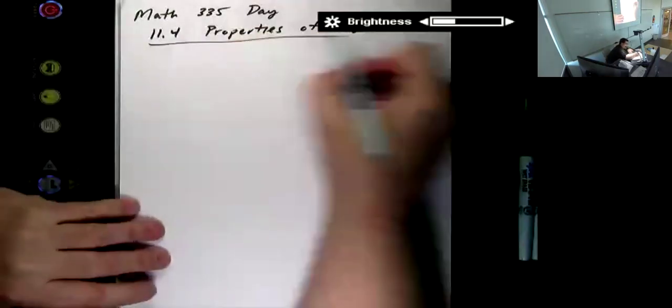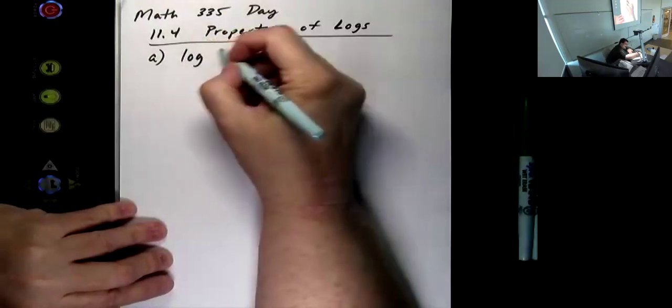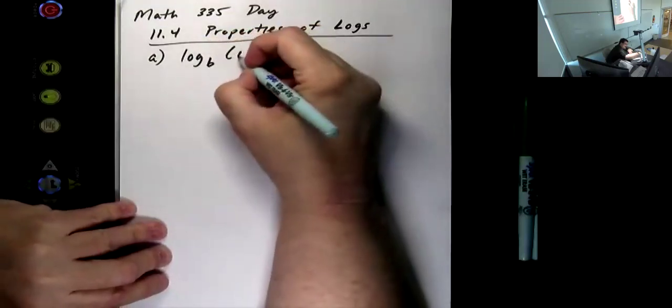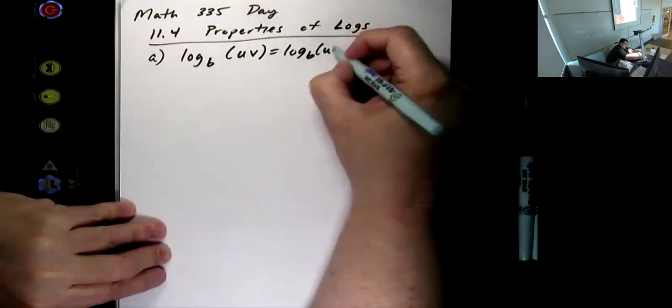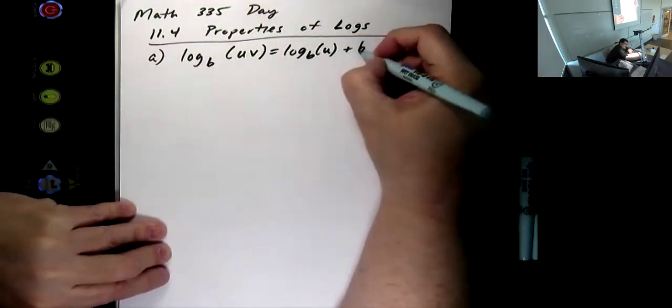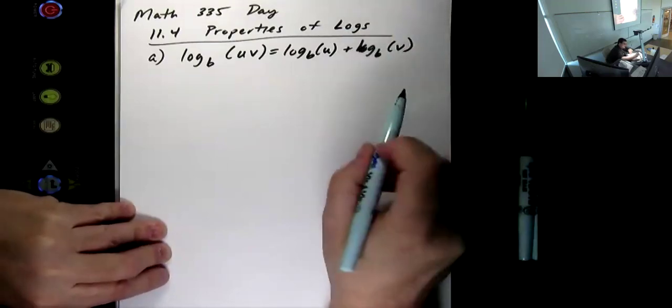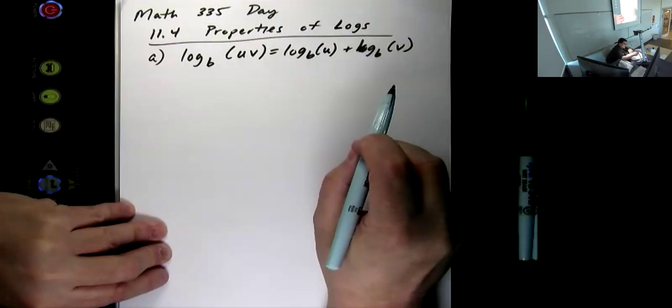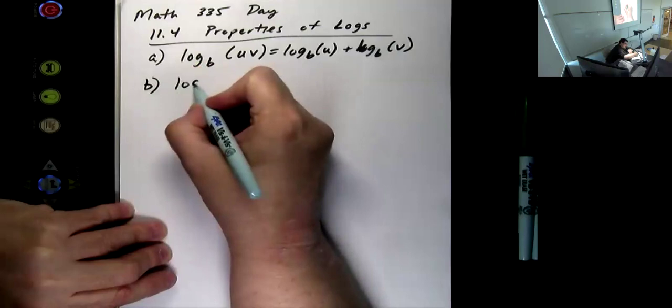So properties of logs, we had log base b of uv equals log base b of u plus log base b of v. Same thing happens with division, but slightly different.